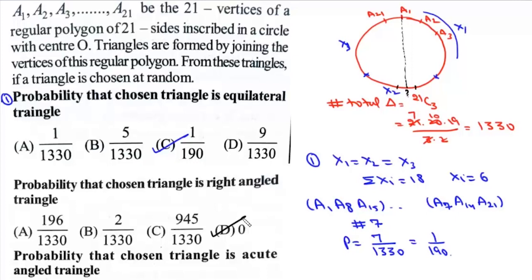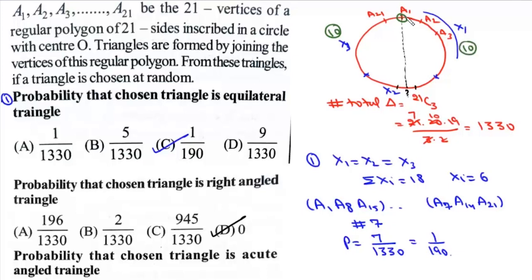Now we have to find the probability that the chosen triangle is an acute angle triangle. Now what we'll do is we'll actually calculate the obtuse angle triangles and find how many obtuse angle triangles are possible. Now if we choose one vertex, say A1, then there'll be 10 vertices here and 10 vertices here.